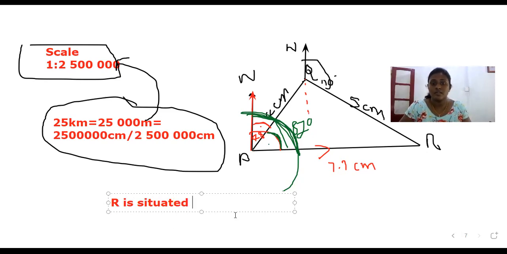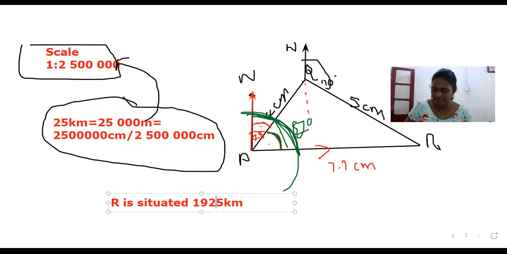Now this distance is 7.7 centimeters. Then how do you get the actual distance? You want to multiply 7.7 by 25, because 1 centimeter represents 25 kilometers. Then 7.7 multiplied by 25 gives 192.5 kilometers.